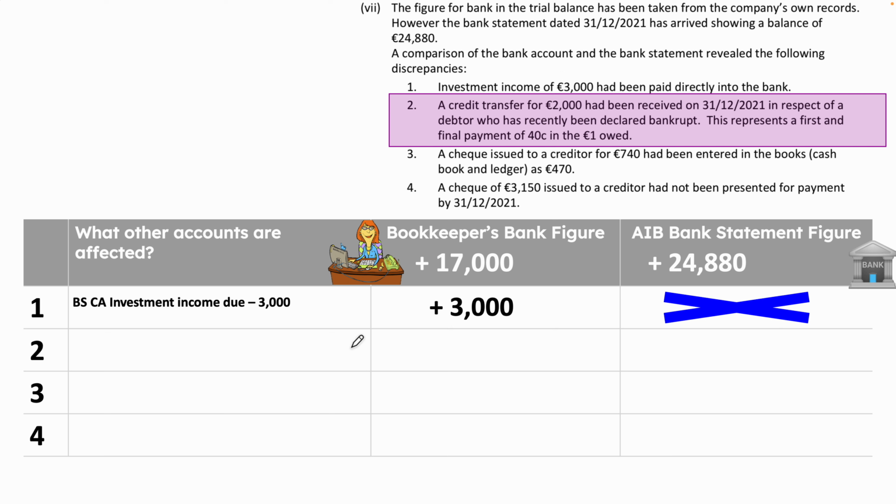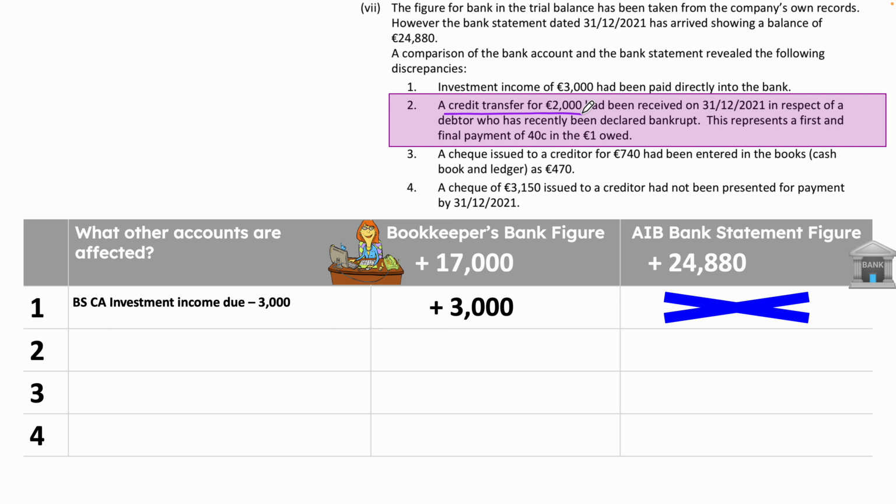Number 2 then, a credit transfer for €2,000 had been received on the 31st of 12th, 2021 in respect of a debtor who has recently been declared bankrupt. This represents a first and final payment of 40 cents in the €1 owed. Credit transfer is just like somebody pinging money to somebody else online, electronically.